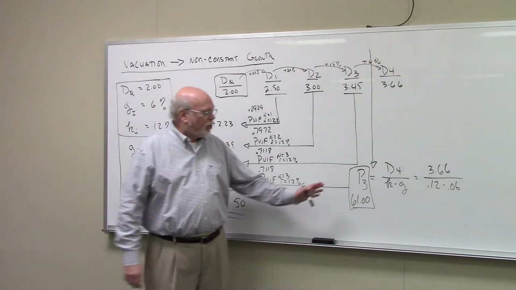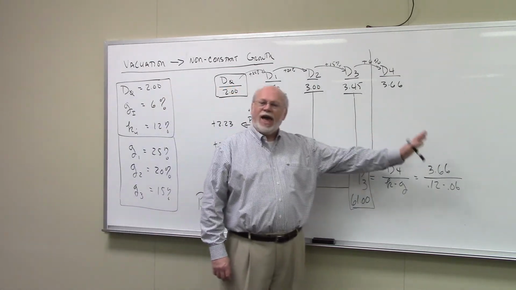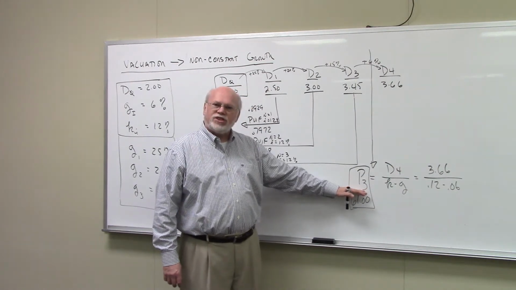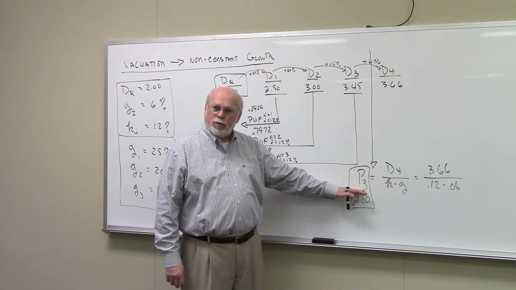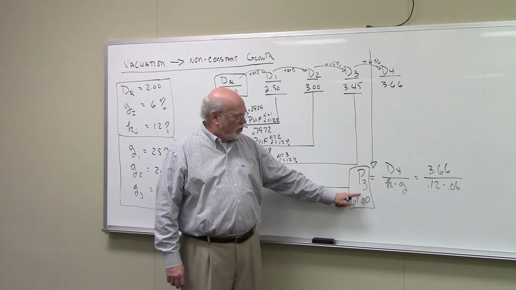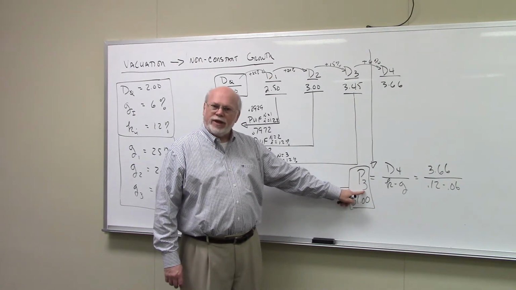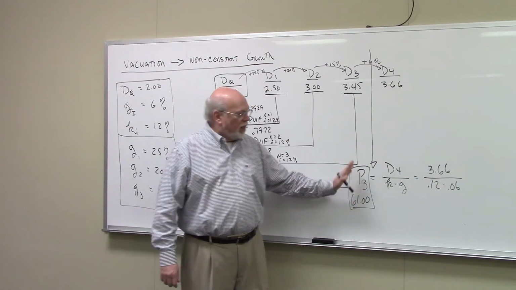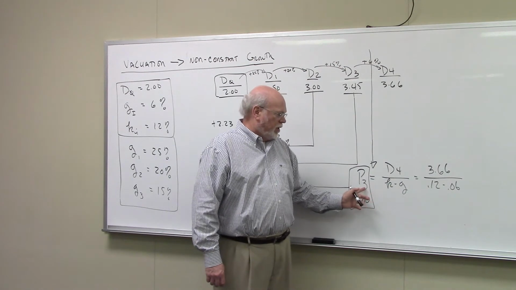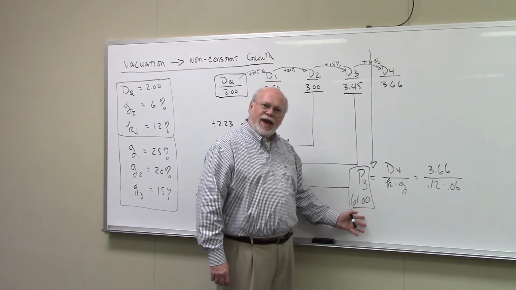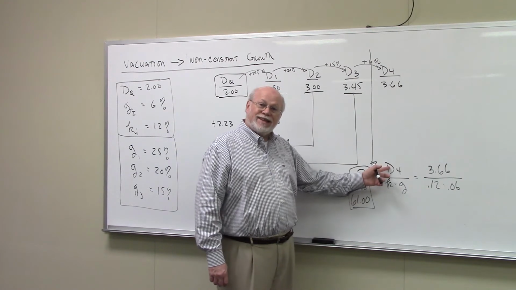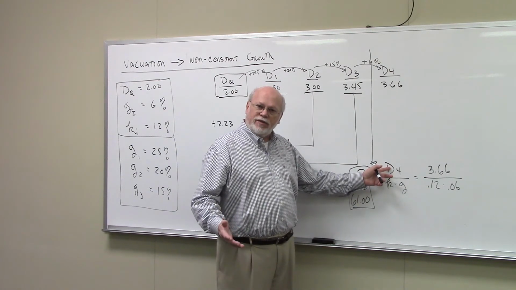Now, to find the present value of the dividends received after supernormal growth, you first find the price of the stock you expect at the end of supernormal growth. Supernormal growth ends at the end of year 3, December 31st, year 3. You expect constant growth. Well, to find the value of the stock at that point in time, you don't want the current dividend, you want the next dividend, which is D4.